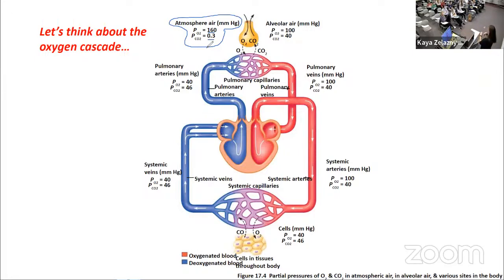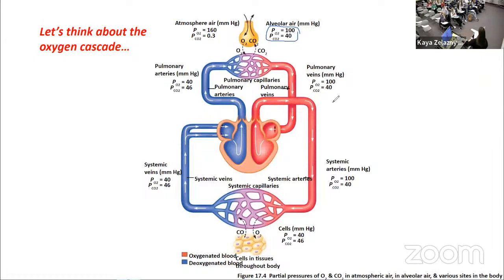We're also humidifying the air, so we're adding some water vapor. So we're making some changes to these partial pressures in that process. Do not worry about remembering atmospheric partial pressures, but in the future, you will want to know some things about our partial pressures in the alveoli, because these are relevant to the partial pressures in the blood.